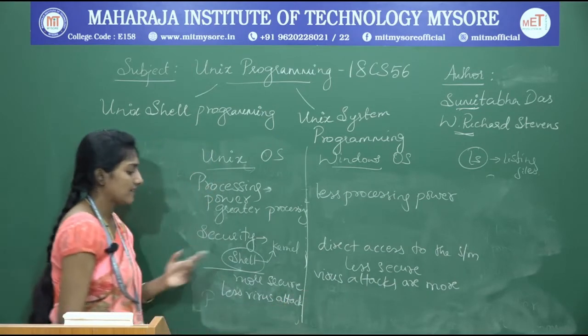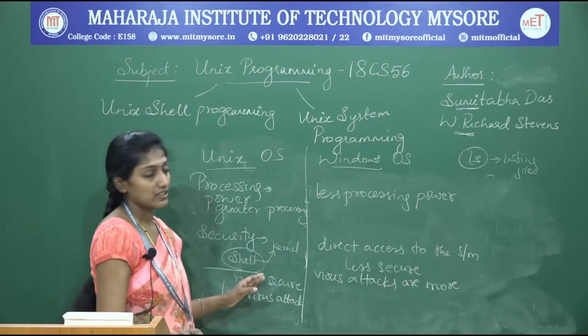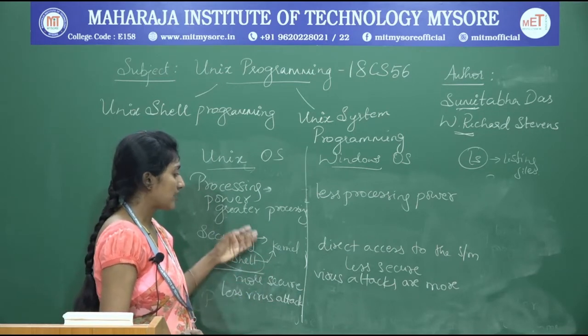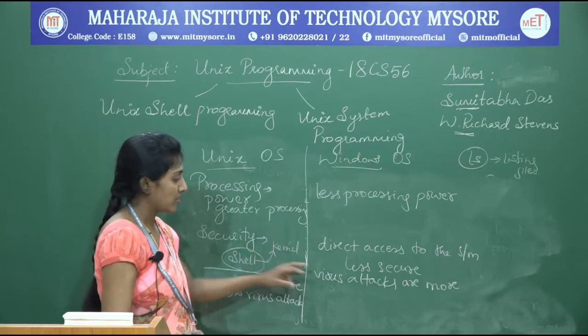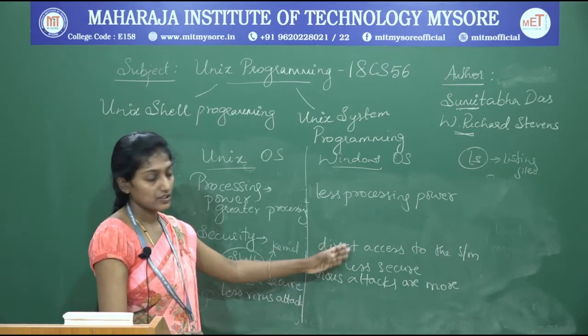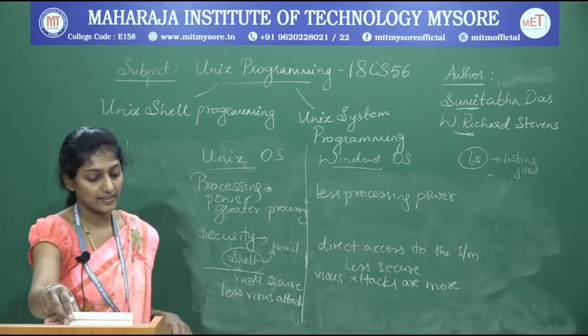Or even you can say we do not have a virus attack, because we do not have direct access to the system. Here, through the shell itself, you have to interact with the system, whereas here we have direct access. So, it is more prone to virus attacks, and it is less prone to virus attacks.